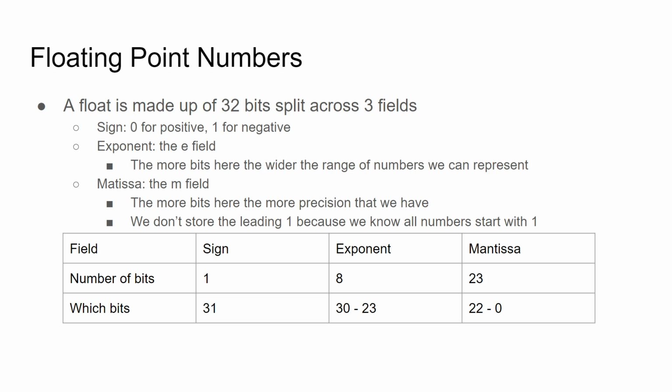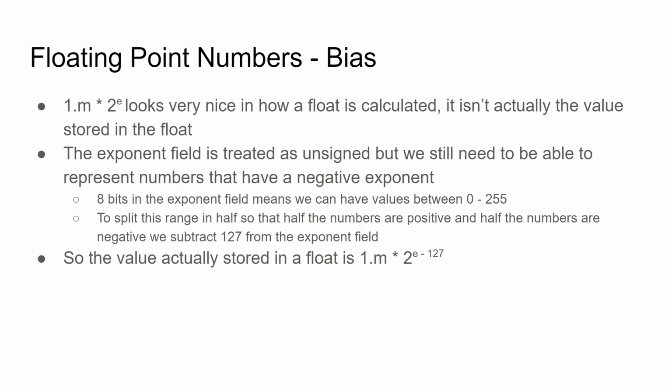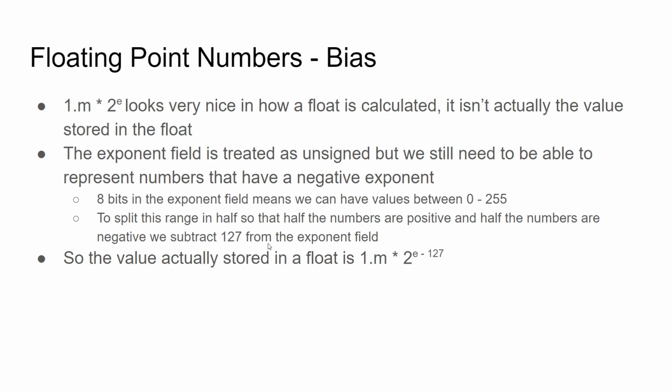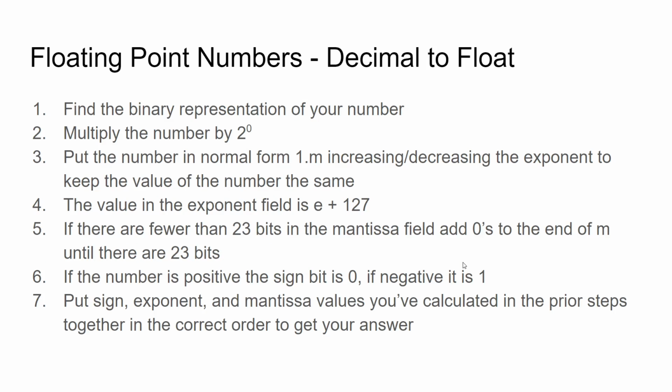And if all your numbers are 1 point something, is there any point to physically storing that 1? No, you just remember that it's 1 point something, and the something is the mantissa. So the actual value stored in the float is 1 point mantissa times 2 to the exponent minus 127.